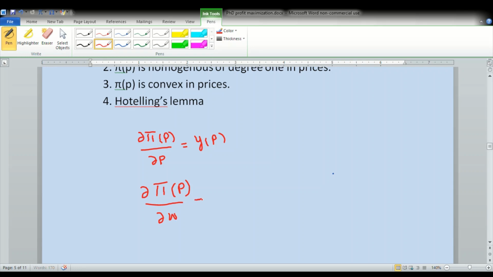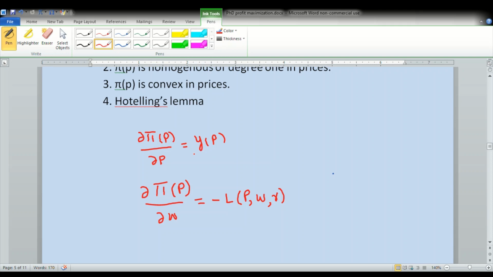This is what I had written earlier, minus L, which is a function of the price of output, W and R. So the derivative of the profit function with respect to input prices like wage is the negative of the labor demand function, and the derivative of the profit function with respect to the output price gives you the output supply function.